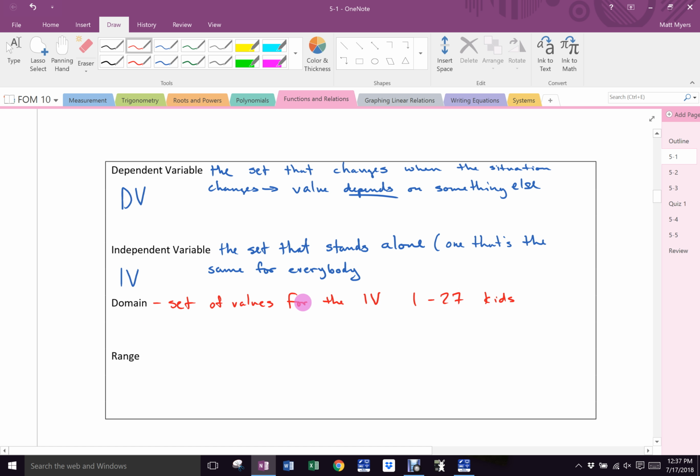The domain is the set of values. The independent variable is the kids. The domain is the actual value for each kid. The domain is 99% of the time graphed on the x-axis.